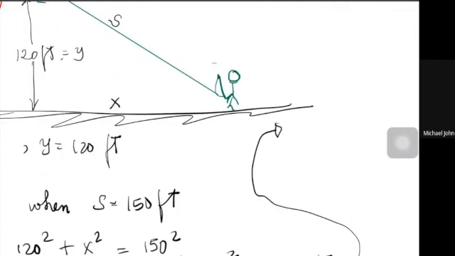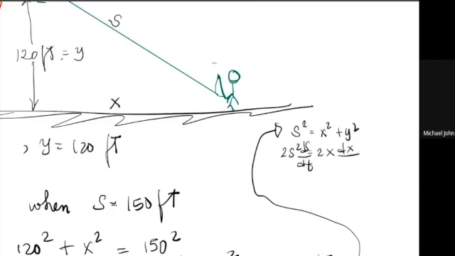So in this case, using again the Pythagorean theorem, this time we'll be using symbols. So s squared is equal to x squared plus y squared. And so we start deriving. We have 2s ds/dt equals 2x dx/dt.